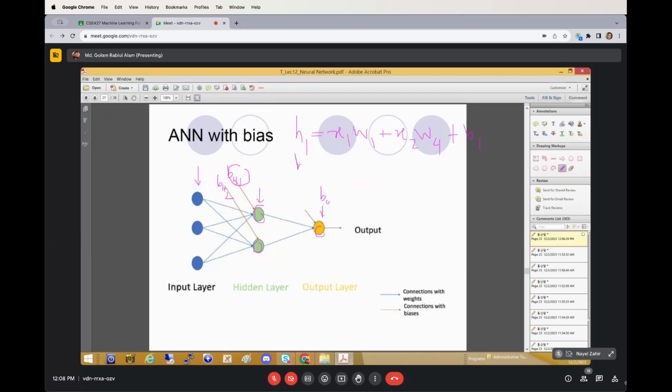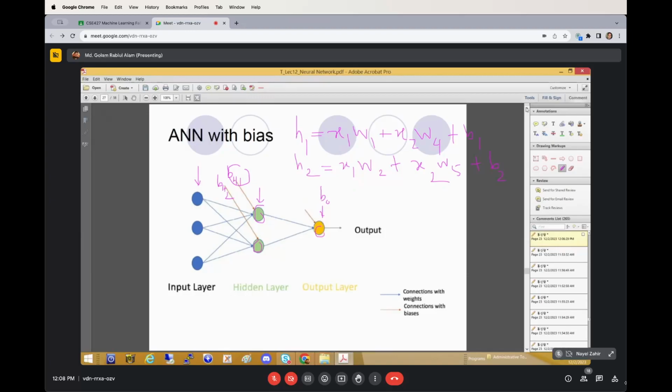Similarly for h2, we have X1 times W2 plus X2 times W5 plus b2, for hidden layer 2.